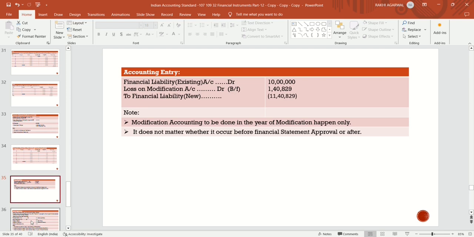Means if it takes place after 31st March, then it will be accounted in that year only. And if the modification happened before 31st March, it will be accounted in the year in which the modification happens. So it doesn't matter about approval. It does not require any approval from the shareholders to recognize the modification.